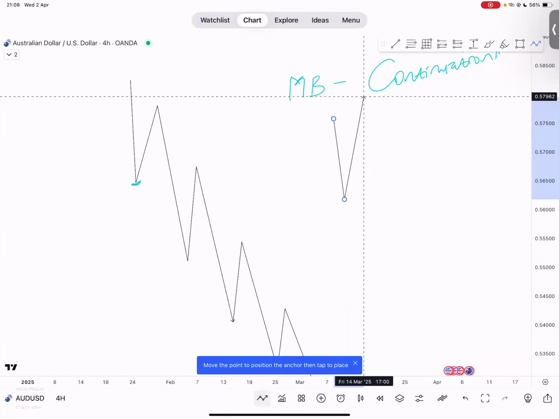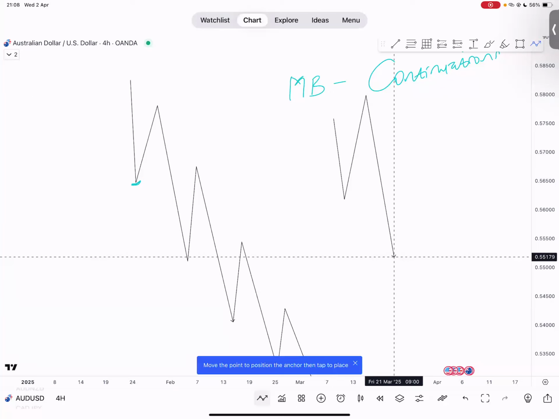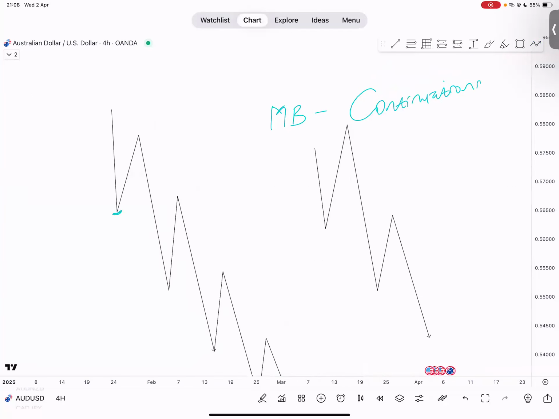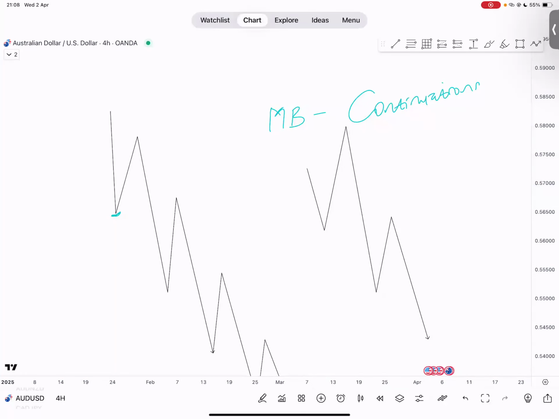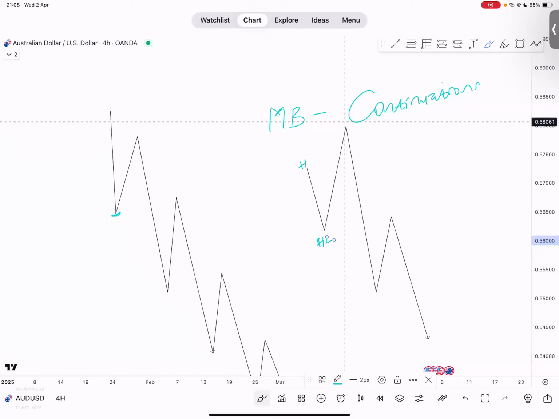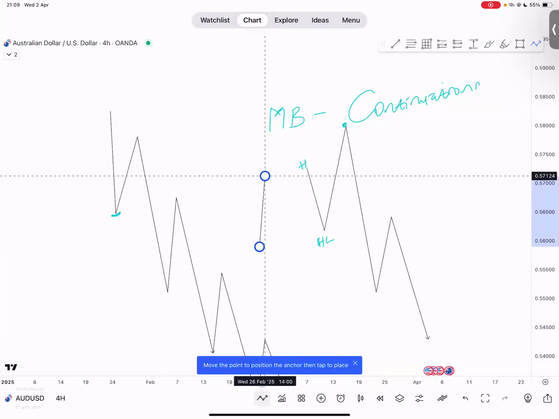What I'm doing here is very different from this. You can see here a higher high at this point. This is a higher low. Why is this a higher low? Because it puts in a new high. So it's just like we have price in an uptrend.